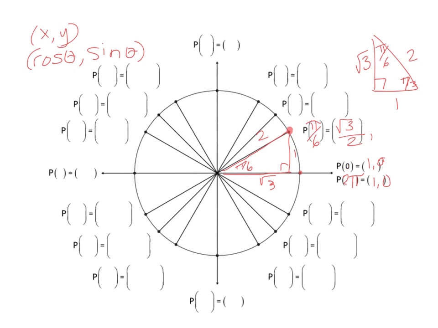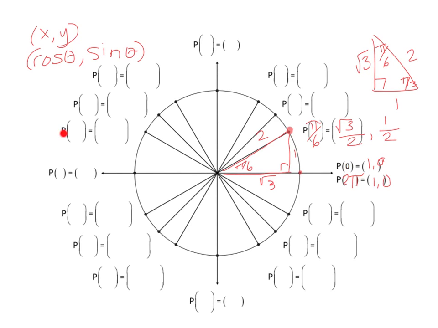And then the sine of that angle, so we're still looking at pi over 6. The sine is opposite over hypotenuse, so it's 1 over 2. Root 3 over 2 and 1 over 2 are the coordinates of that point.